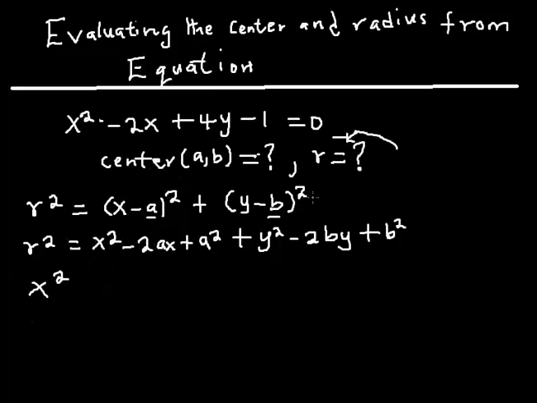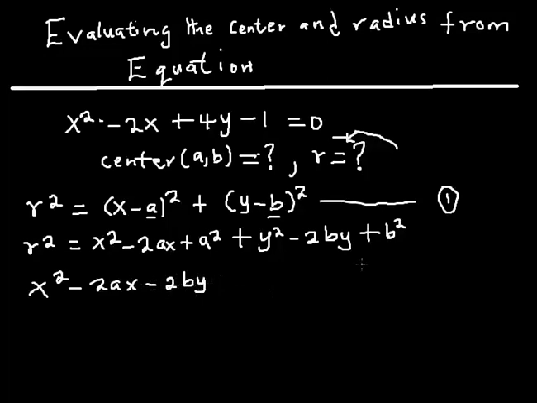So now this is one way of actually expressing the equation of a circle, but the one I'm going to give you now is the standard form of the equation of a circle. So now let's go there. I'm going to have x squared, and of course minus 2ax, then minus 2by.